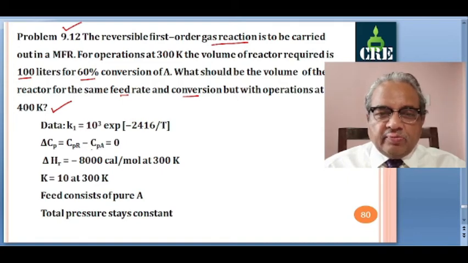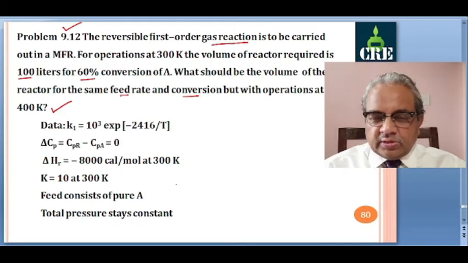Data provided is K1 in the form of this equation, 10 raised to 3 exponential minus 2416 by T. Delta Cp is 0. Delta HR is minus 8000 calorie per mole at 300 Kelvin. So at this operating temperature, K is 10 at 300 Kelvin. The feed consists of pure A and total pressure stays constant.